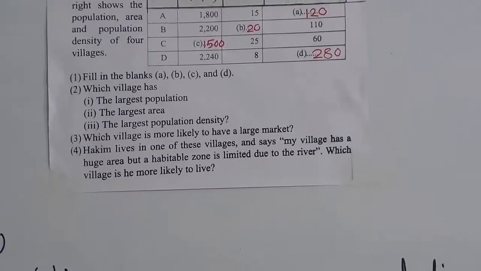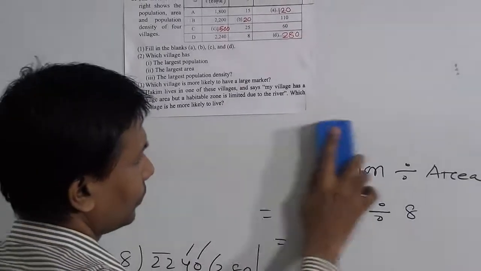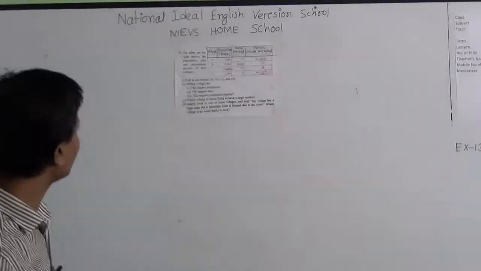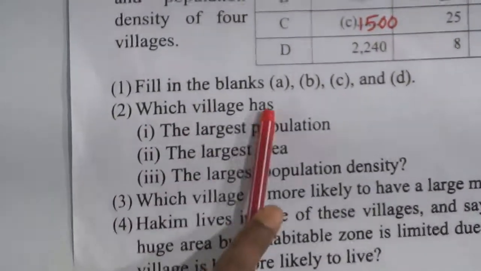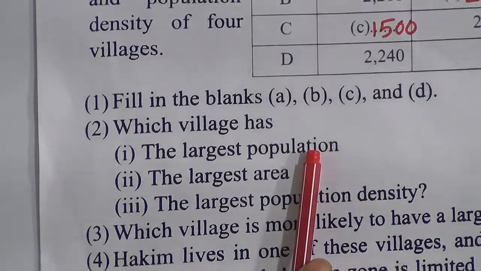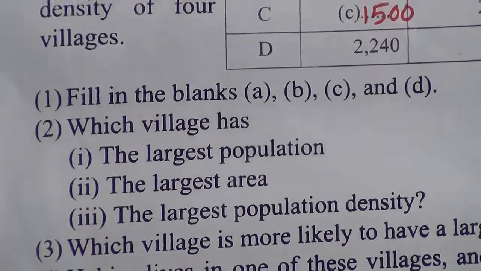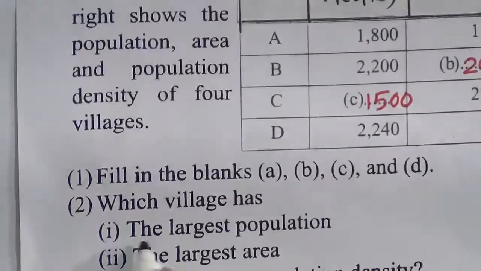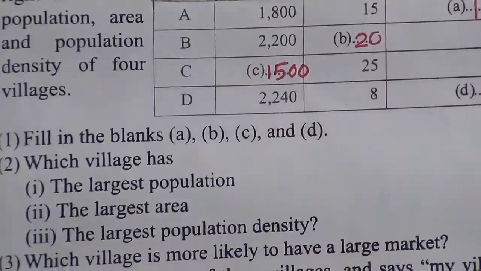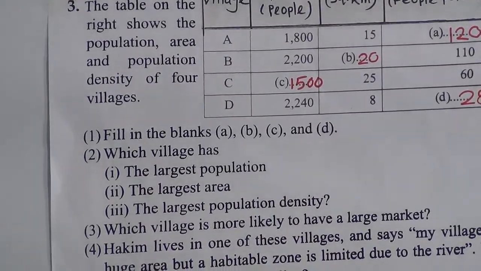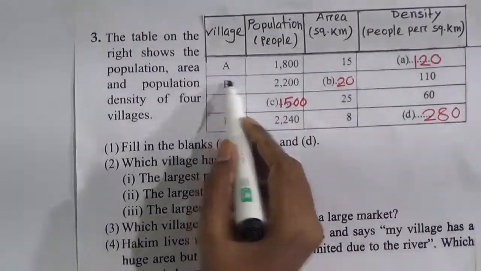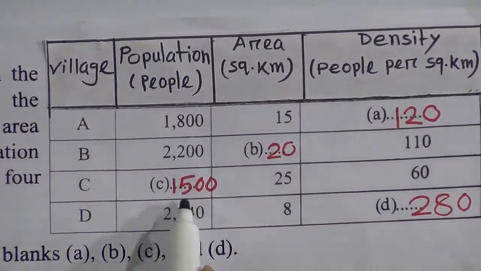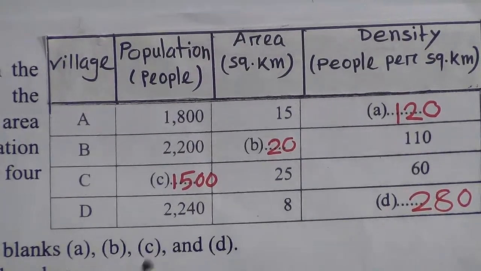Now I will go to question number 2. Which village has the largest population? You see the figure: for village A 1800, for B 2200, C 1500 and D 2240.